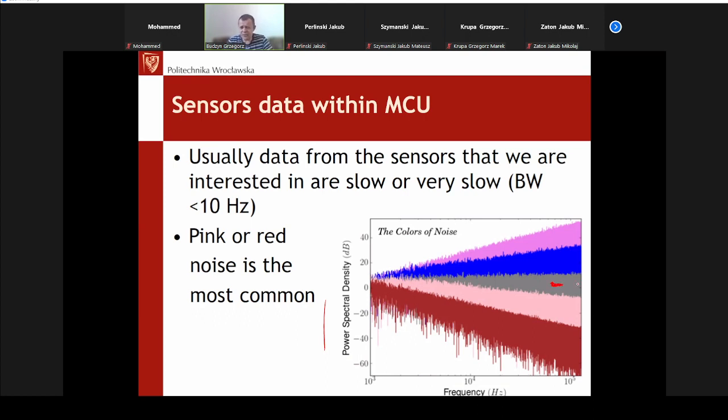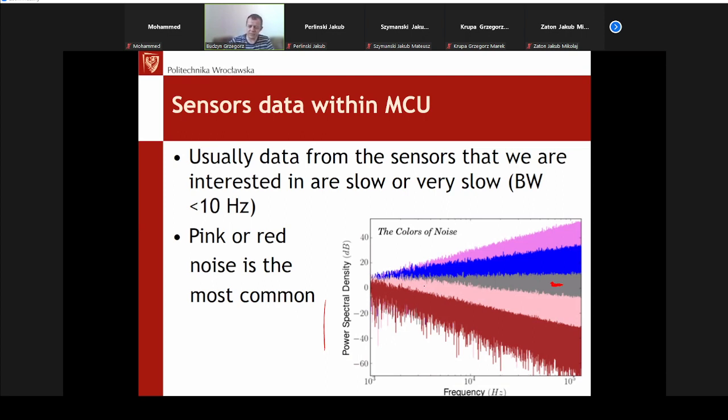The blue noise and the violet noise here are actually not really physical. In physics, we usually have white noise, pink noise, or red noise in terms of spectral density, although usually we've got white, which is infinite bandwidth, or gray, which has some finite bandwidth. Still, it's pretty flat.